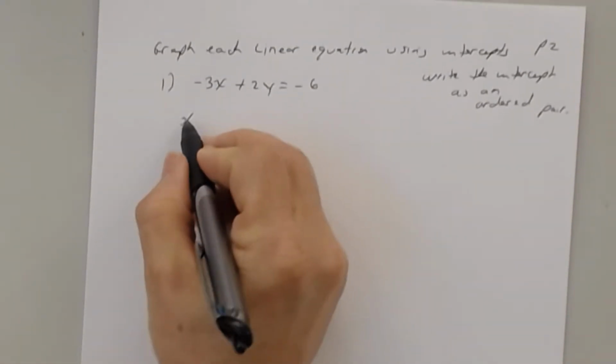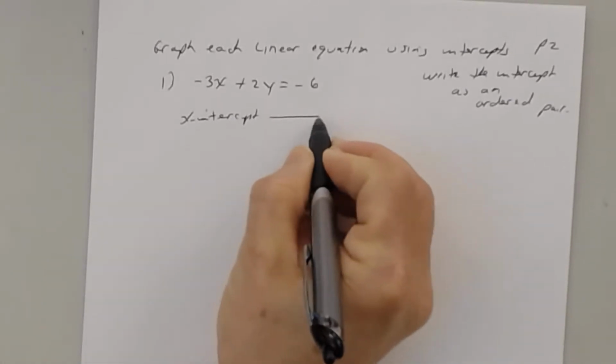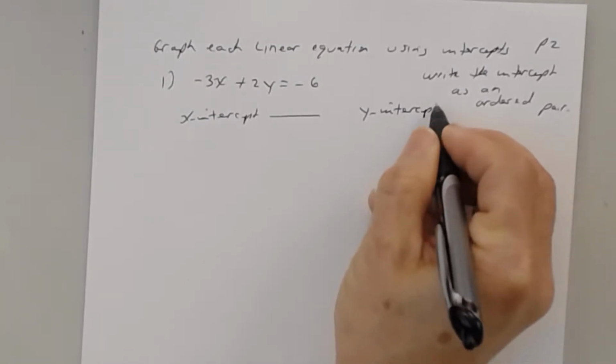So it's going to say x-intercept with a blank, and then y-intercept with a blank.